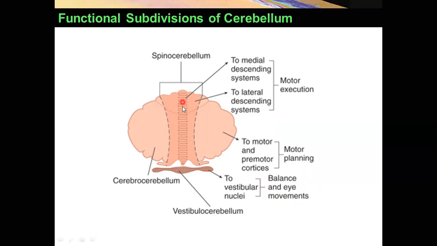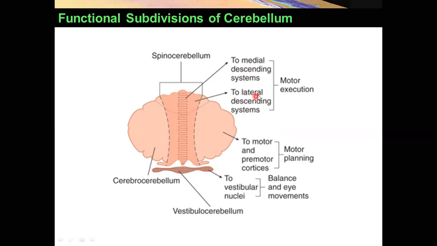Now the vermis and surrounding cerebellar hemispheric parts, as you see here, project to the medial descending systems. The vermis part projects to the medial descending systems, and the part of the cerebellar hemisphere adjacent to the vermis, this area, the efferents originating from here project to the lateral descending systems.